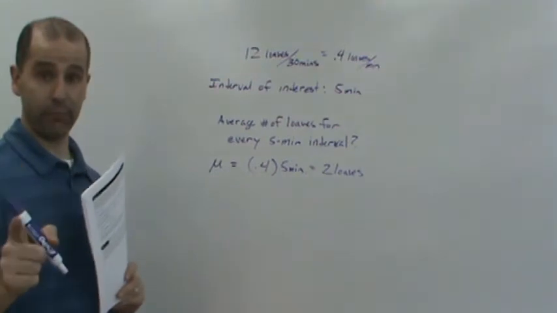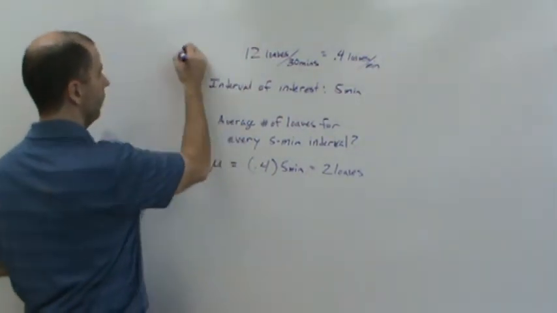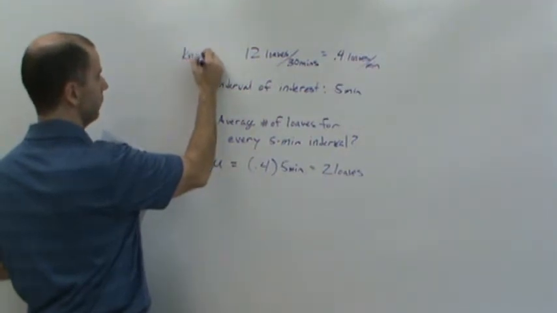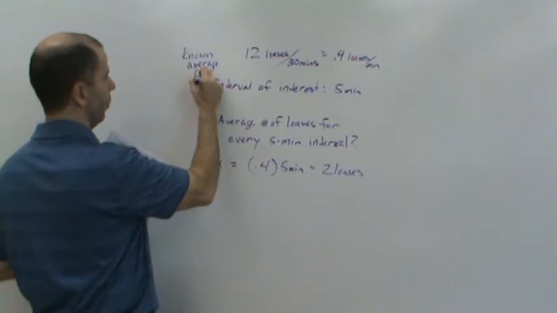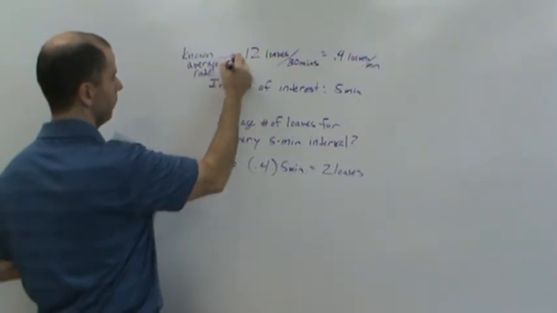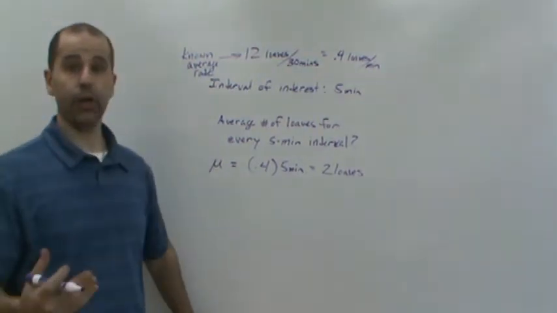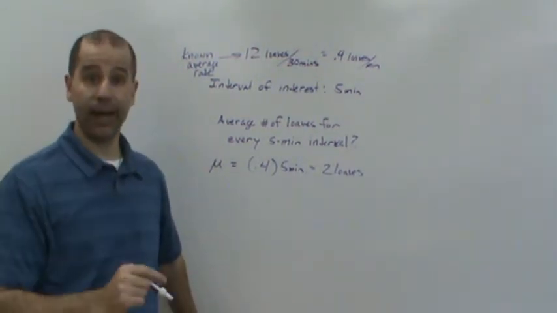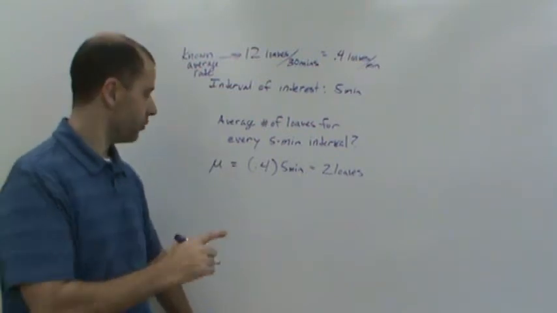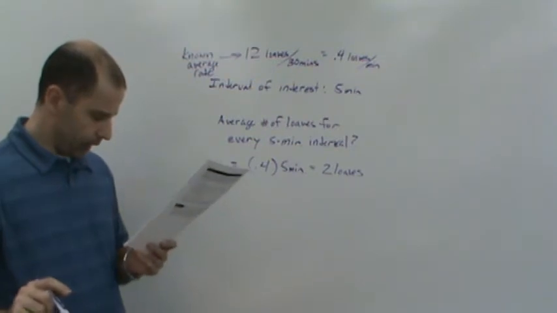That's one thing about this, the known average. This is the known rate. Known average rate. Okay? Mu is the average number of occurrences within the specified interval of interest. So we just found mu, okay?